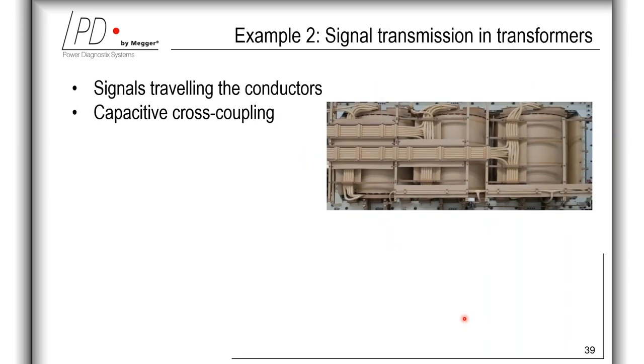Example 2 concerns electrical signal transmission in transformers. Whenever the high frequency partial discharge signal travels along an unshielded conductor, parts of the signal are radiated. And this is also the case for the previous example, as for the overhang of a stator winding.